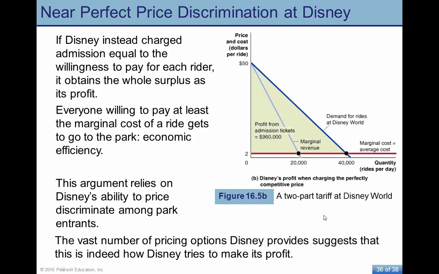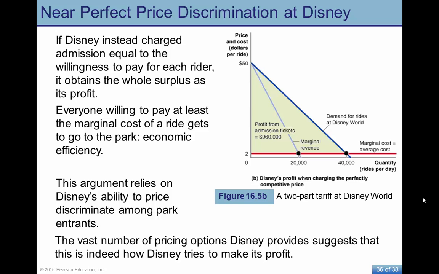Look at panel B. Now you can see Disney is charging every passenger according to their willingness to pay as admission fees, and all the area below the demand curve and above the marginal cost is profit. Everyone willing to pay at least the marginal cost of a ride gets into the park.